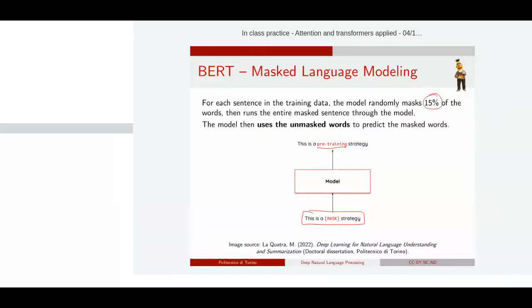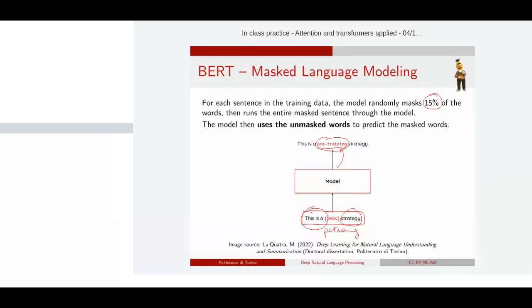I replace the word "pre-training" with the masking token, and the model is trained to predict that instead of the mask, I should have "pre-training". So you can imagine that you can create a lot of training data by just using this trick. The model should be able to predict this word given all the context around it, similar to Word2Vec, but in a more powerful way.